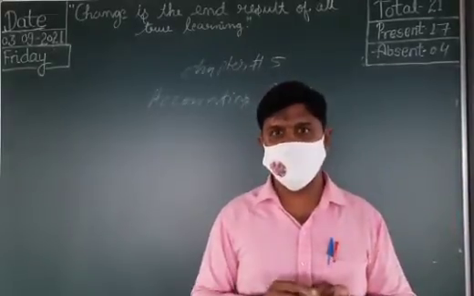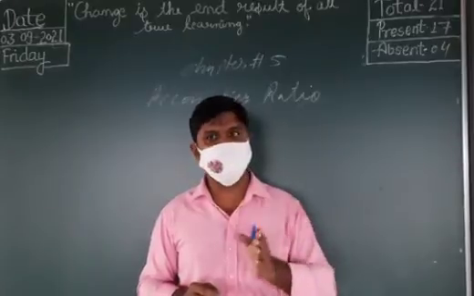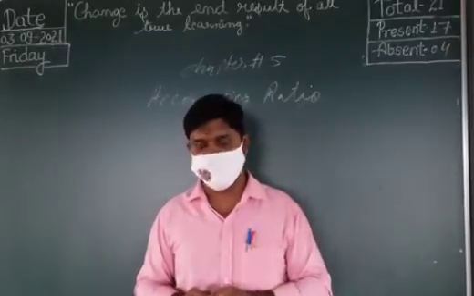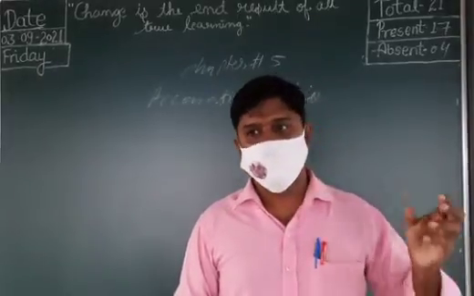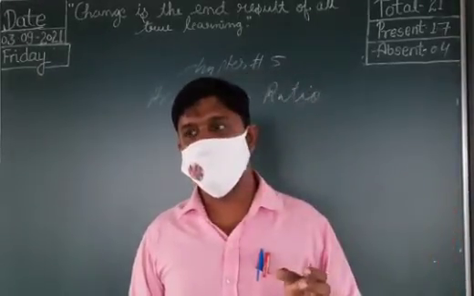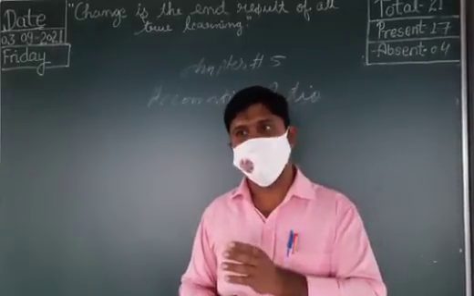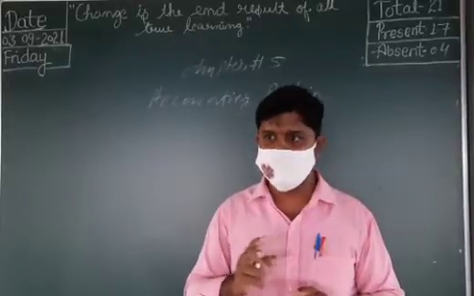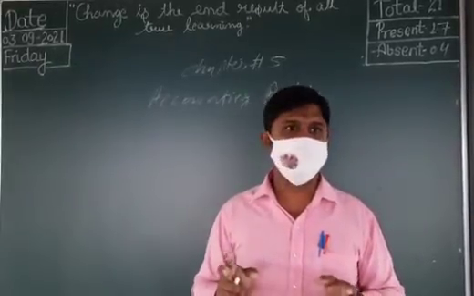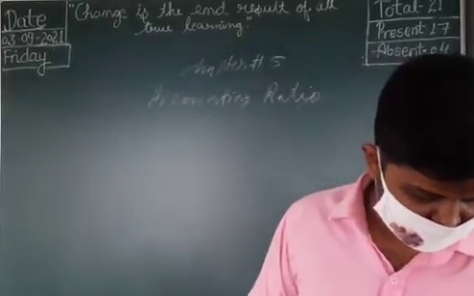You got the difference now? The other part is average trade payable, which we get as opening creditors and bills payable plus closing creditors and bills payable, upon 2. Clear now?